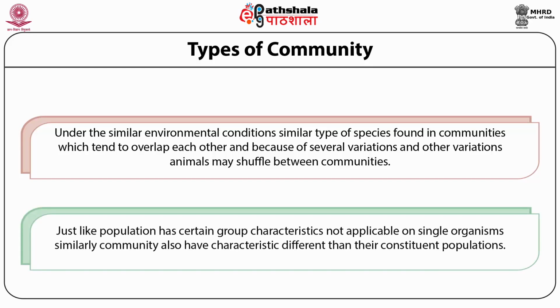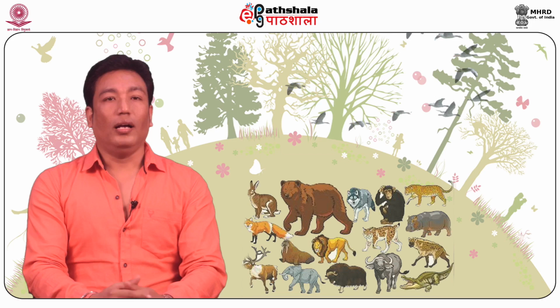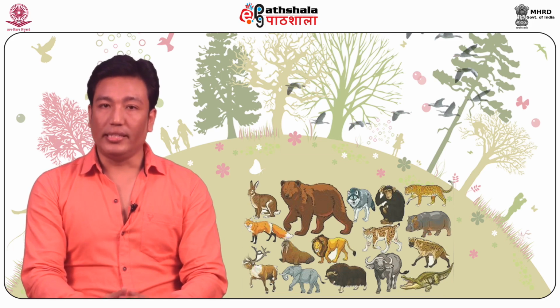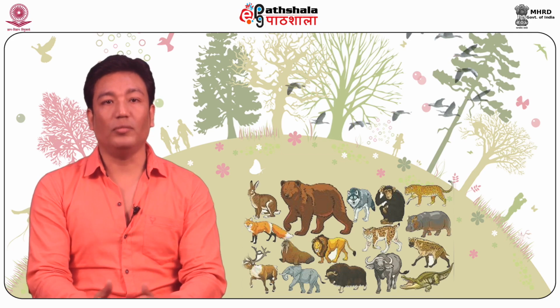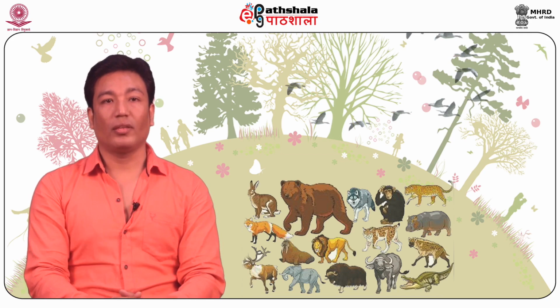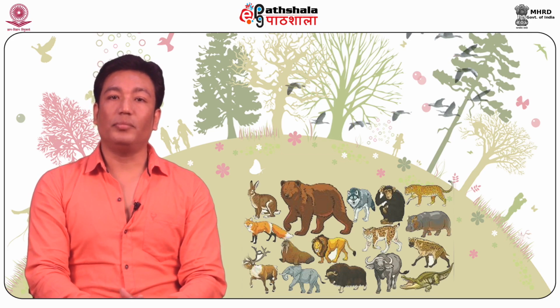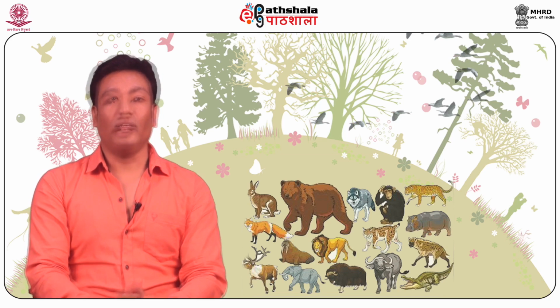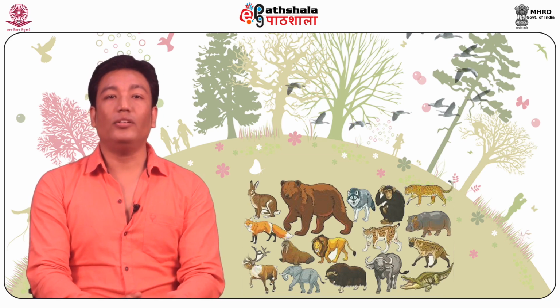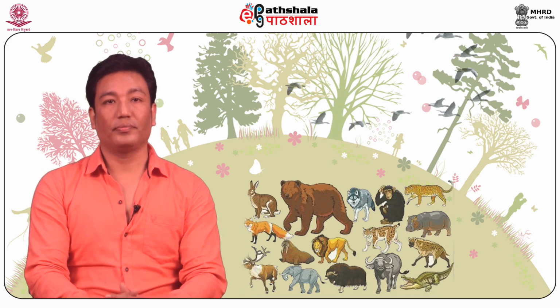Just like a population has certain group characteristics not applicable to single organisms, similarly a community also has characteristics different from its constituent populations. Whether aquatic or terrestrial, both share an analogous biological structure. The biological structure comprises an autotrophic component and a heterotrophic component. The autotrophic entities prepare food from inorganic substances and fix solar energy, whereas the heterotrophic components depend on the stored food of autotrophs.